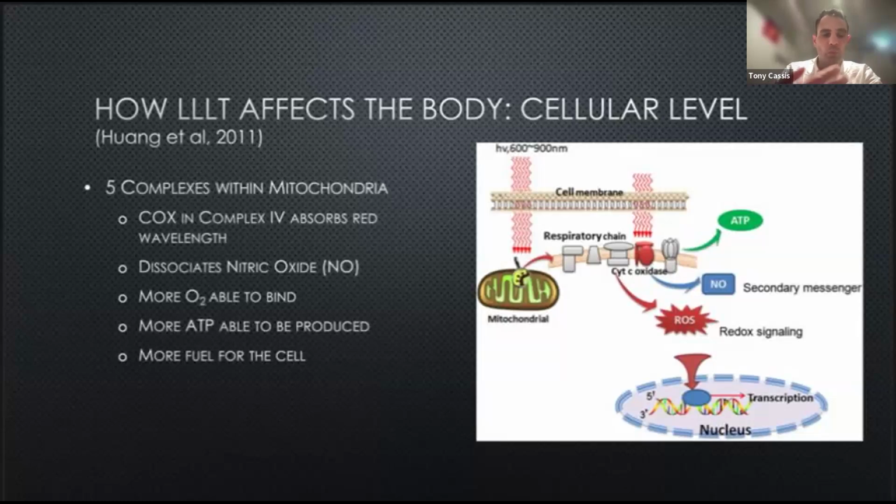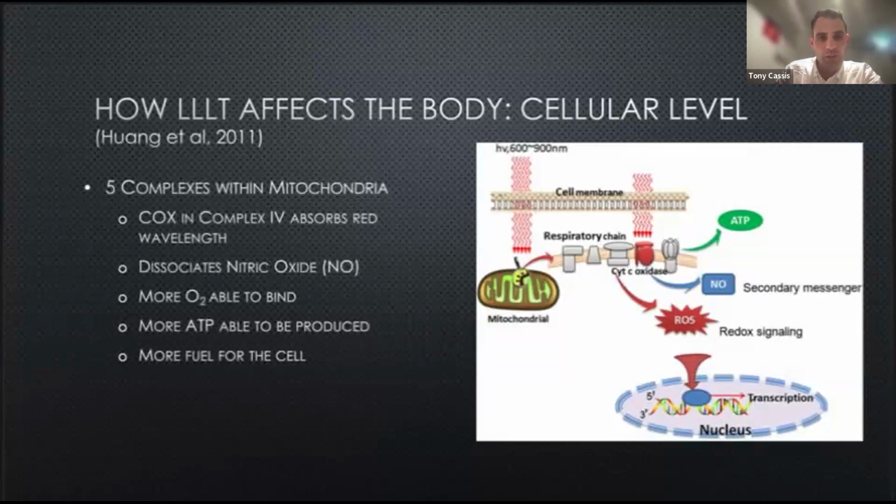Complexes 1 and 2 are sensitive to the violet wavelength. Complex 3 is particularly sensitive to the green wavelength. And complex 4, the final common pathway of ATP production and arguably the most important part, is very sensitive to the red wavelength.